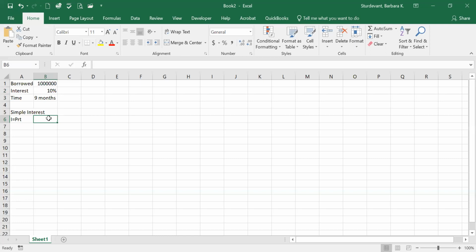Okay, so to figure this out, what we would do, we would take the $1 million and we would multiply by 0.10, and then we would multiply by 9/12. Is everybody okay with that? I'm going to copy it down here.